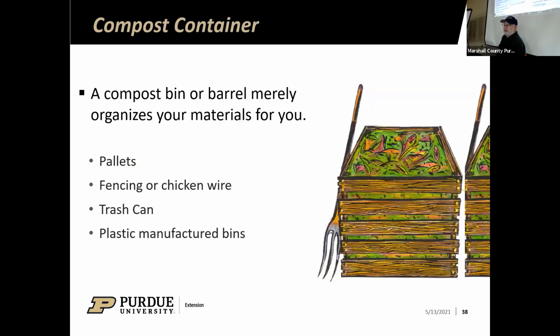So compost bins and barrels can come in many forms. I have to laugh. My son did research. He's an engineer, and he was getting PVC pipe to put into the center of his compost pile with holes in the PVC pipe to aerate the center. He was doing all these math equations. And I said, Ben, you live in southern Indiana.